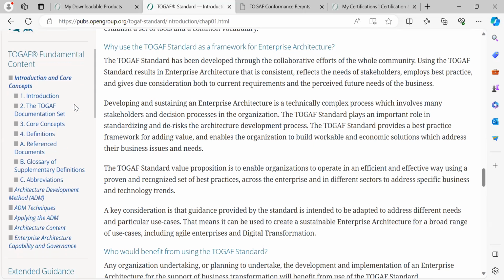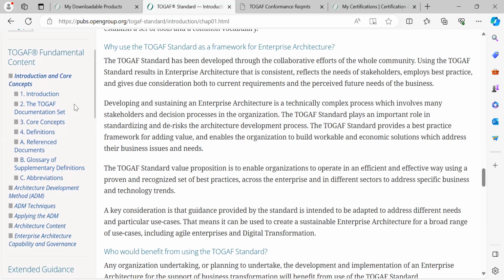So today we are going to talk about part one, which is introduction and core concepts, and all the chapters are given here: introduction, TOGAF's documentation set, core concepts, definitions, reference documents, and glossary of supplementary definitions and abbreviations as well, right? Too much to study. Now, what exactly you should be focusing on is what I'm going to talk about now.